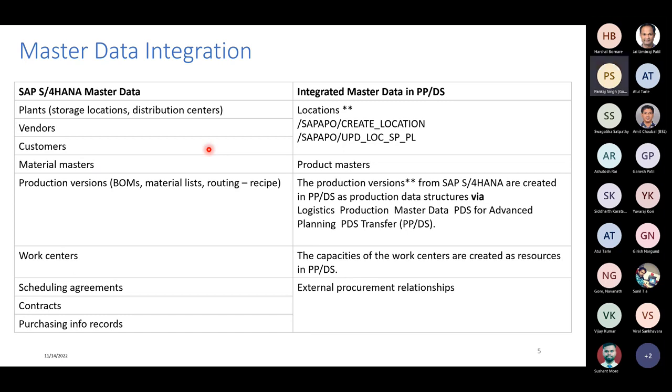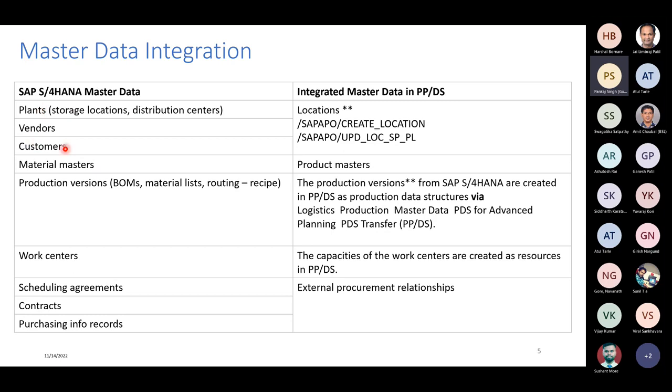Okay. All right. So in the master data part, obviously in S4 HANA, we have all these modules: PP, MM, SD and all that. In order to support all those modules, we have so many master data. But out of all those, the ones relevant for us to be used in PPDS are these: plants, and as you can see, storage locations, distribution centers, production plants, vendors and customers.